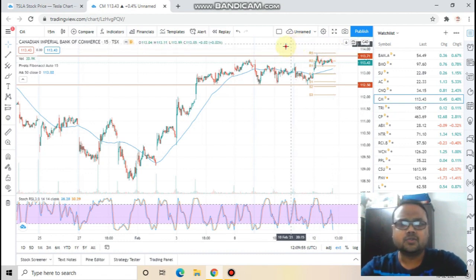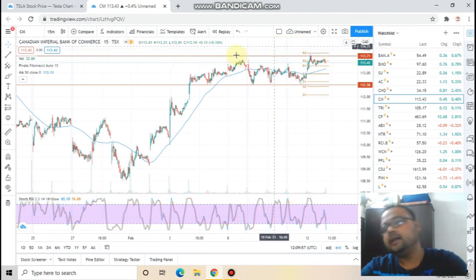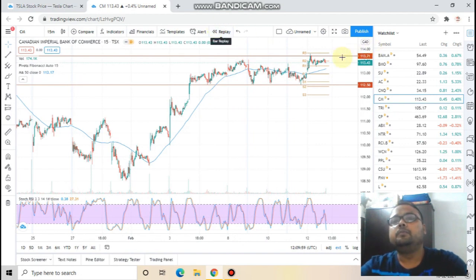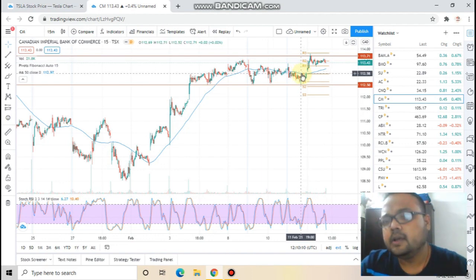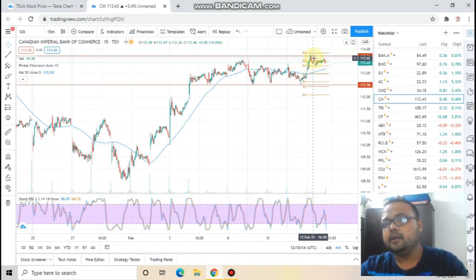There are traders who buy immediately, and some traders who buy after seeing a pullback. So it totally depends on the strategy. I'm just saying that there is a resistance here at 113.71. If it crosses the resistance comfortably, then it's a buy. You can buy according to your own strategy.